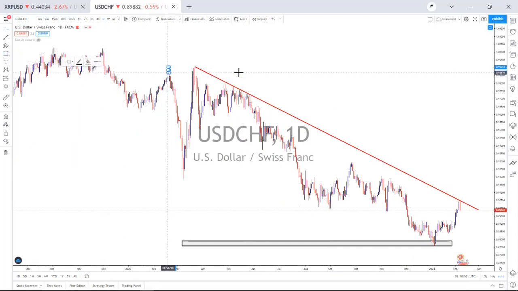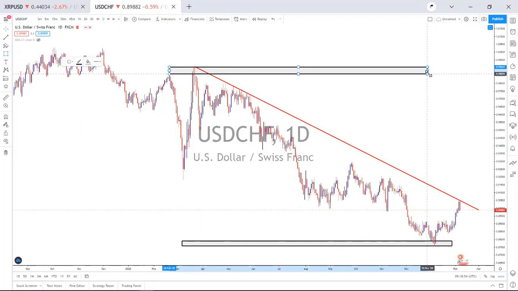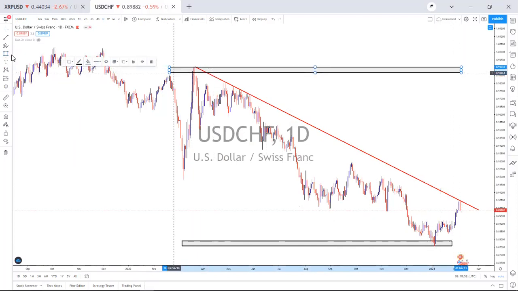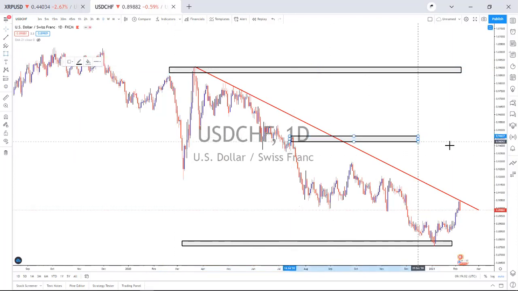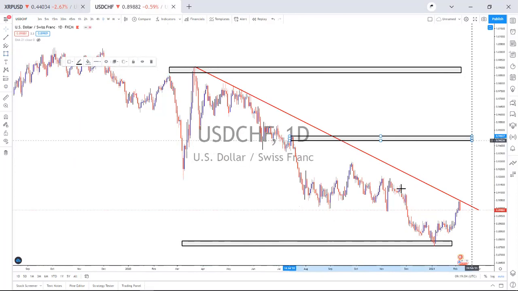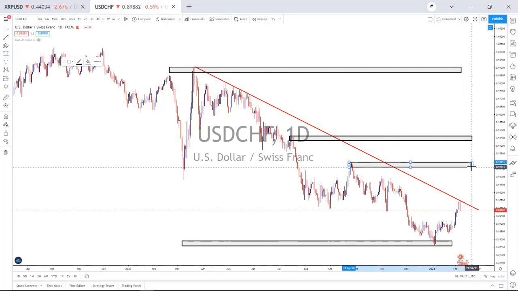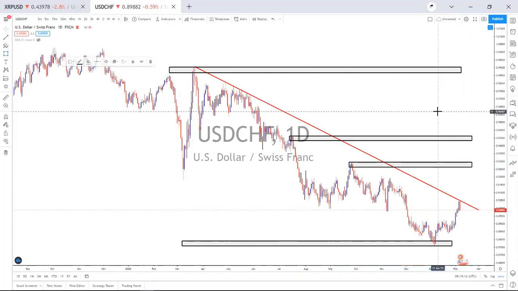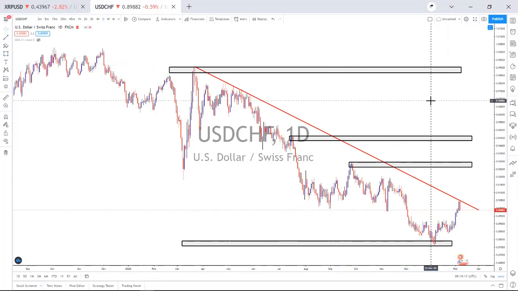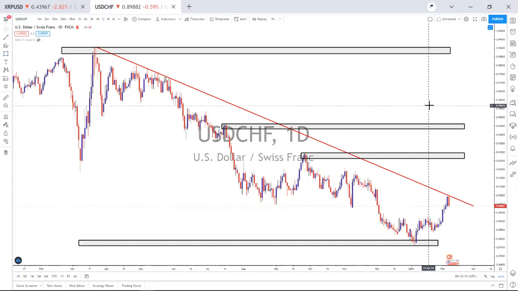Take for instance, here would be my supply region. Here would be a supply region for me, here also will be a supply region for me, and possibly here also. Remember I said I use the higher time frames to determine my demand and supply zones.